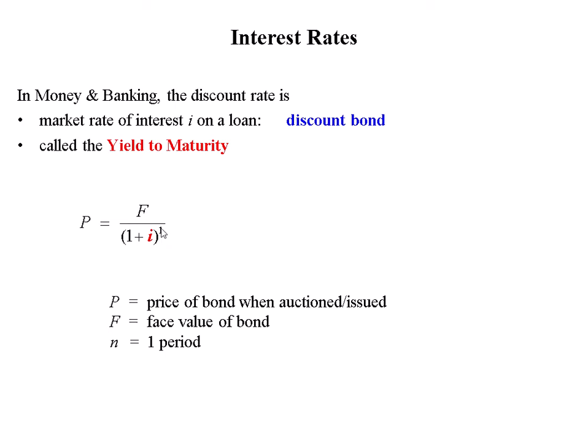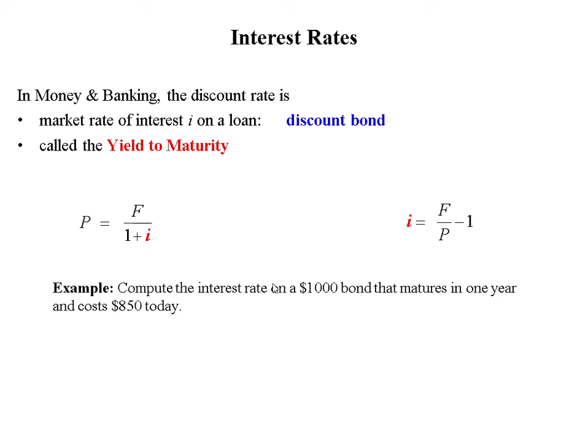So the number of periods is 1, and this could be a 30-day treasury bill, a 60-day treasury bill, a 90-day treasury bill, or a 3-month treasury bill. All you get is the face value at the end of the period. And this is really easy to solve for I. It's just F divided by P minus 1.